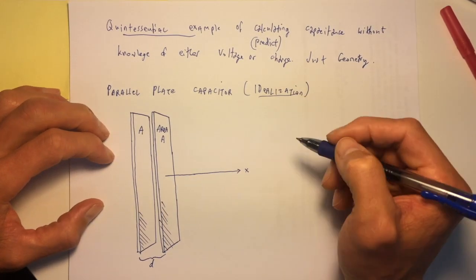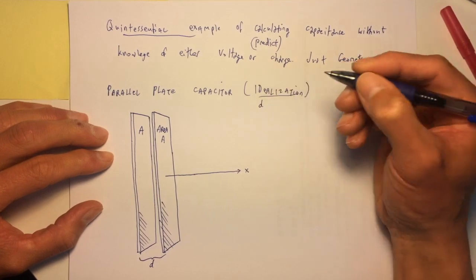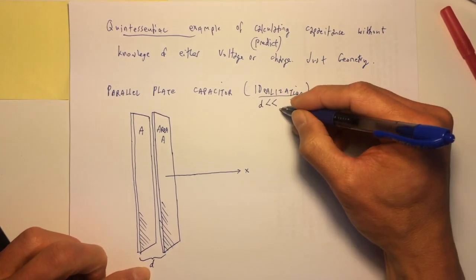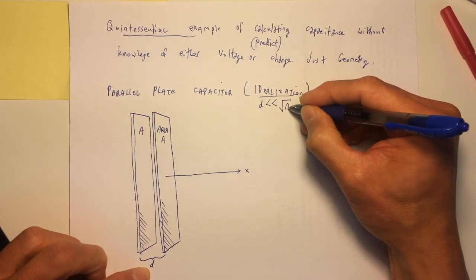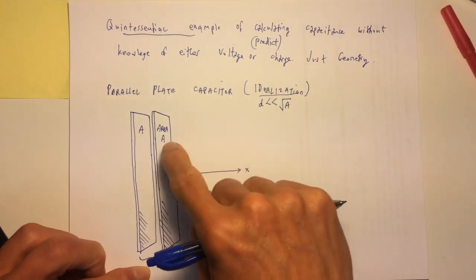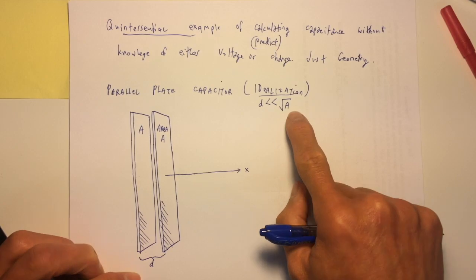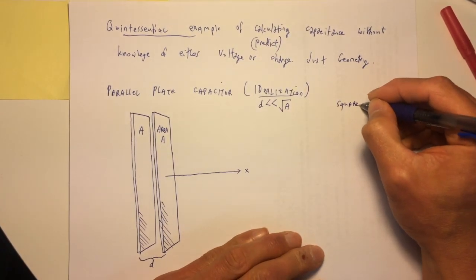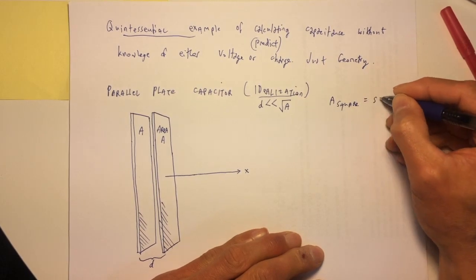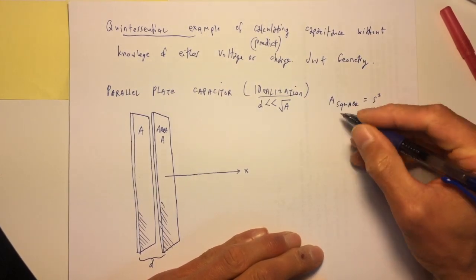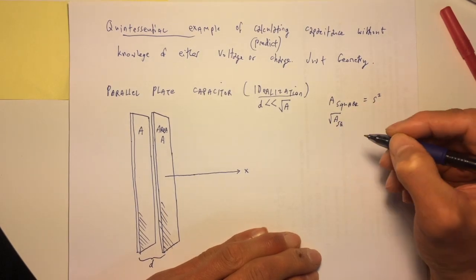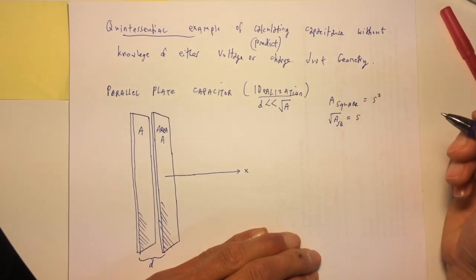The idealization is that this distance d is really small compared to the square root of the area A. What I mean by that is, you remember for a square, the area is the side length squared. So if I take the square root of the square's area, what I get is the edge length.